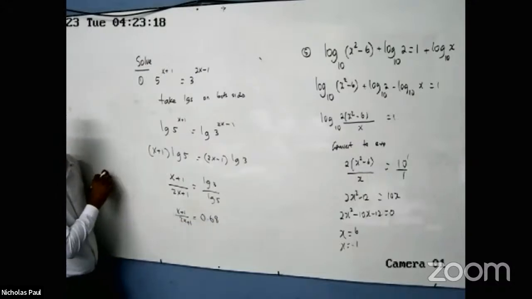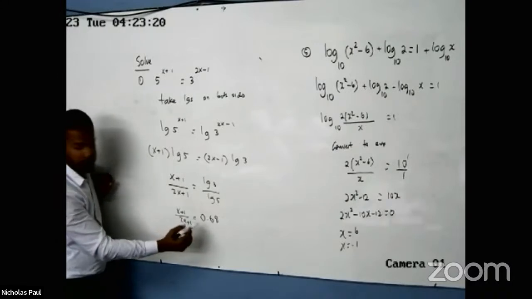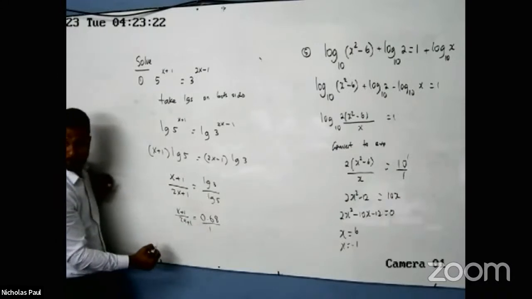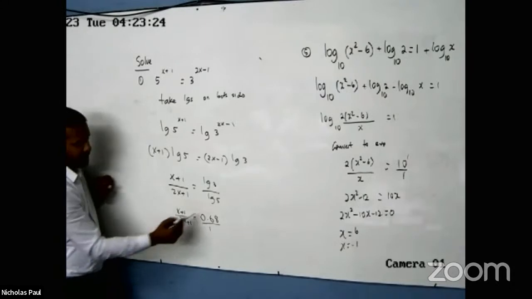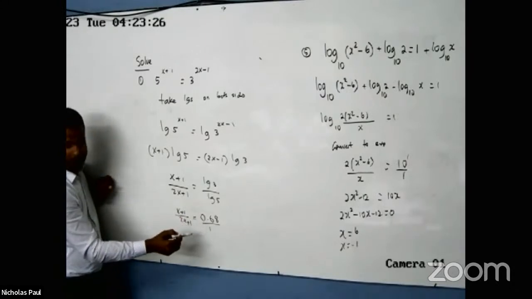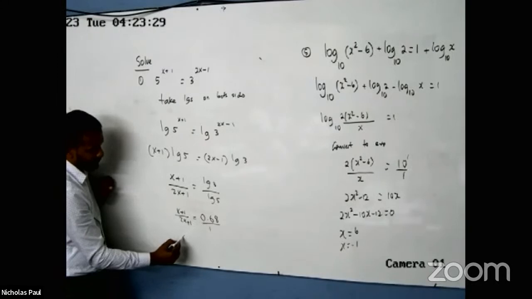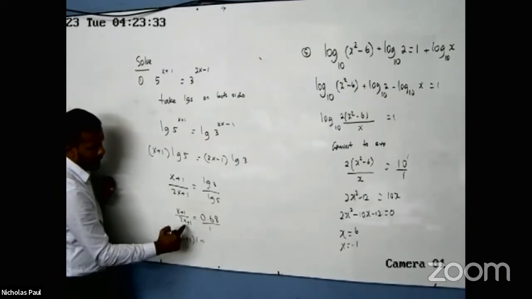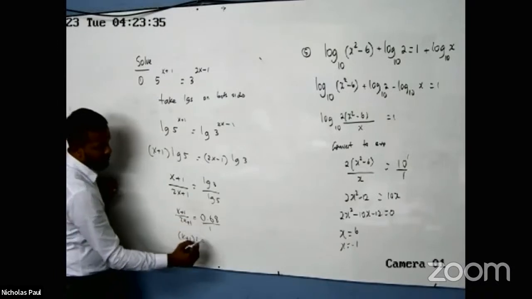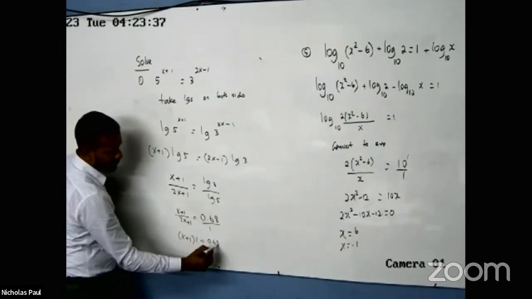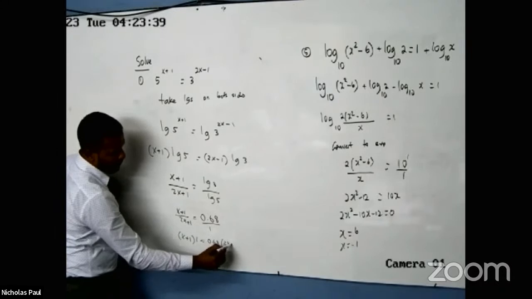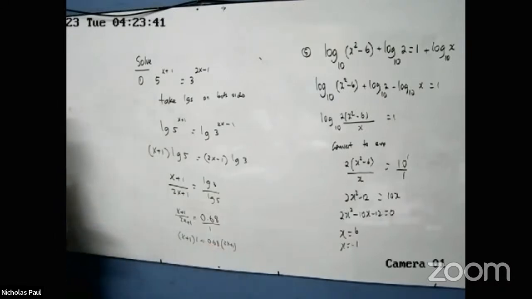Okay with that? But when you reach here, we still didn't solve for x. We got to cross multiply. So it's 1 by this, and 2x plus 1 by this. That's okay?